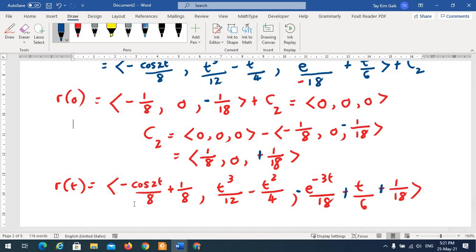So the correct answer, I repeat one more time: r(t) is negative cos 2t over 8 plus 1 over 8, i. Component j is t cubed over 12 minus t squared over 4.